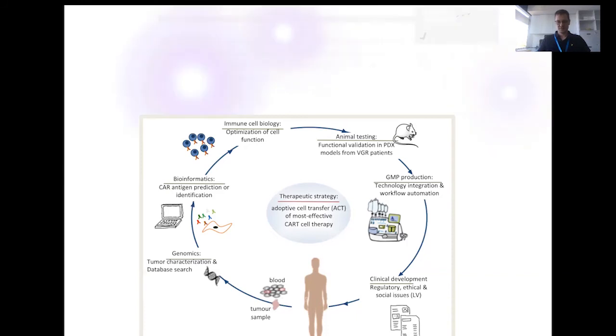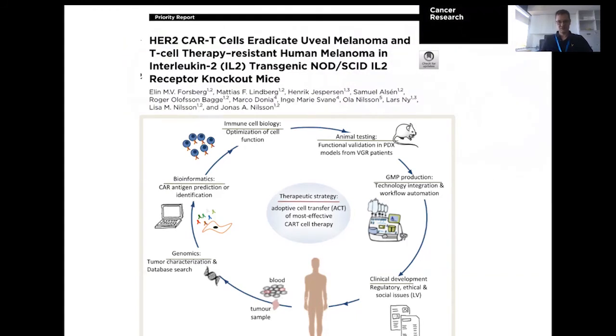And what we saw in this publication is that surprisingly, HER2 is actually expressed at a quite demonstrable level in both skin melanoma and uveal melanoma. It has probably been missed because the gene is not amplified, but the protein is overexpressed.